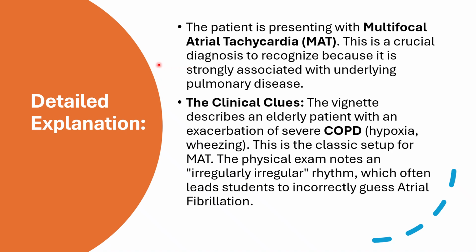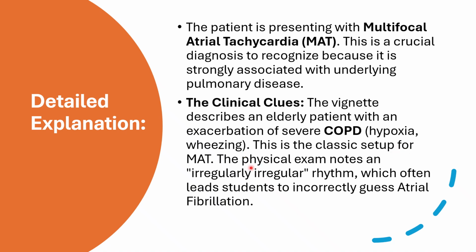Some other explanation of why that's the answer. This is usually an important diagnosis and is highly associated with pulmonary disease. And some other clues in the vignette: this patient had COPD and also hypoxia and wheezing, and that could precipitate this irregular rhythm.